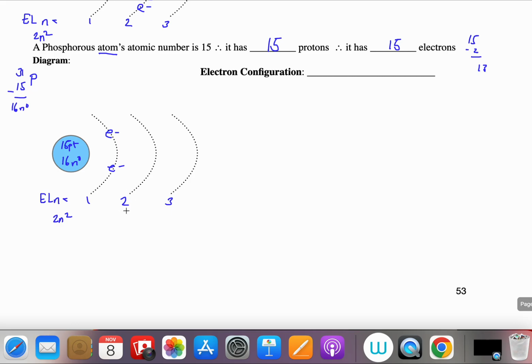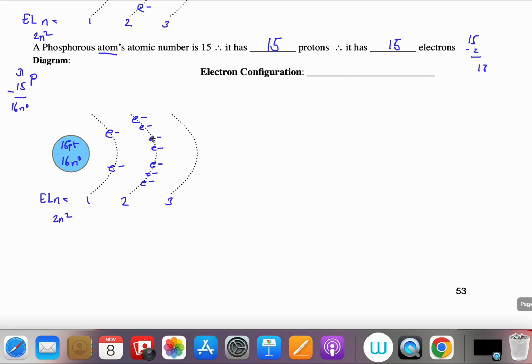Then I move on to energy level 2. 2n squared tells me I can place a max of 8 electrons in energy level 2. So I have 13 to place, but I can only put 8 of them in energy level 2.